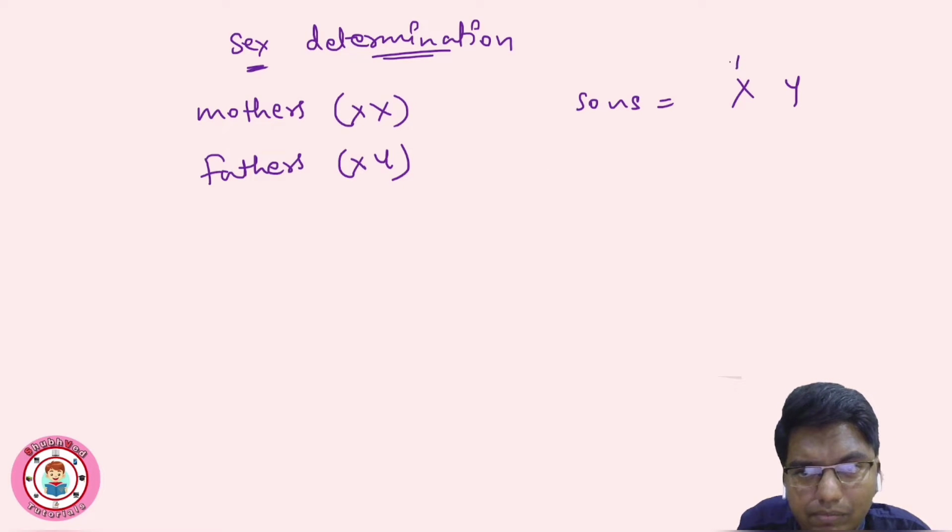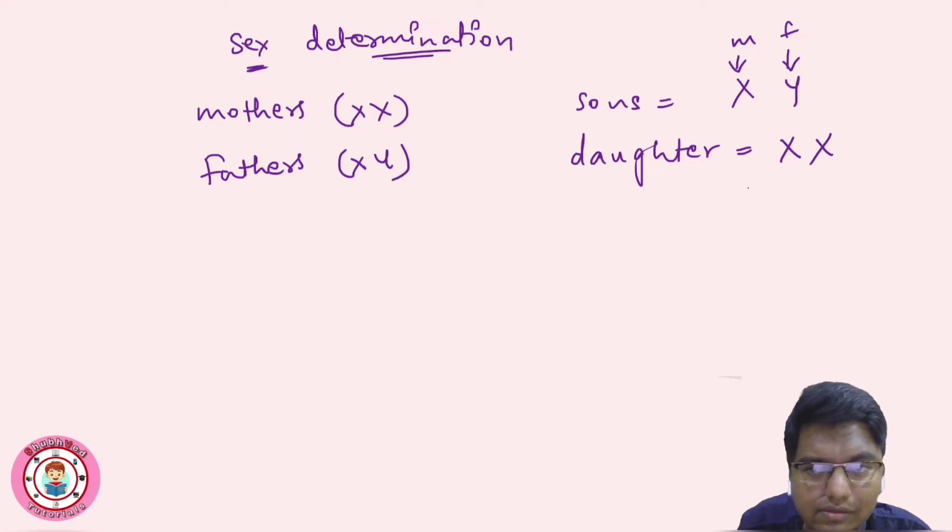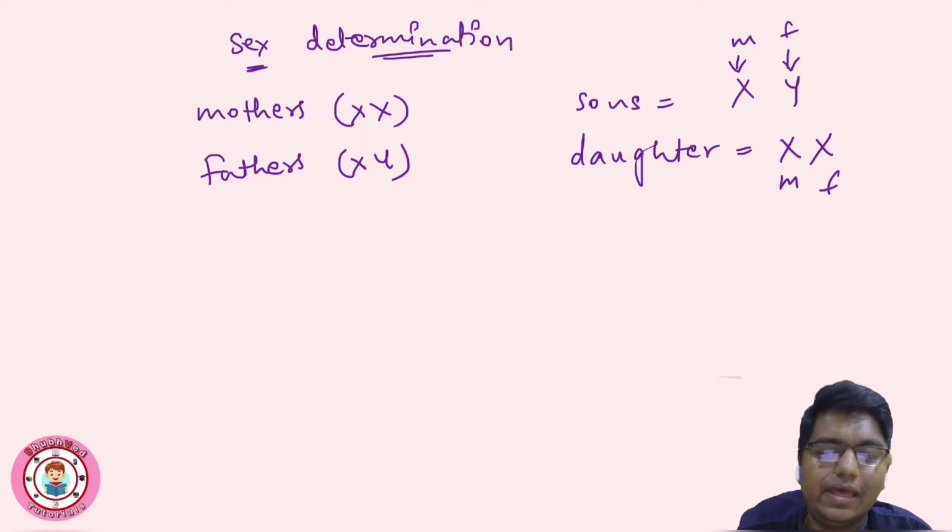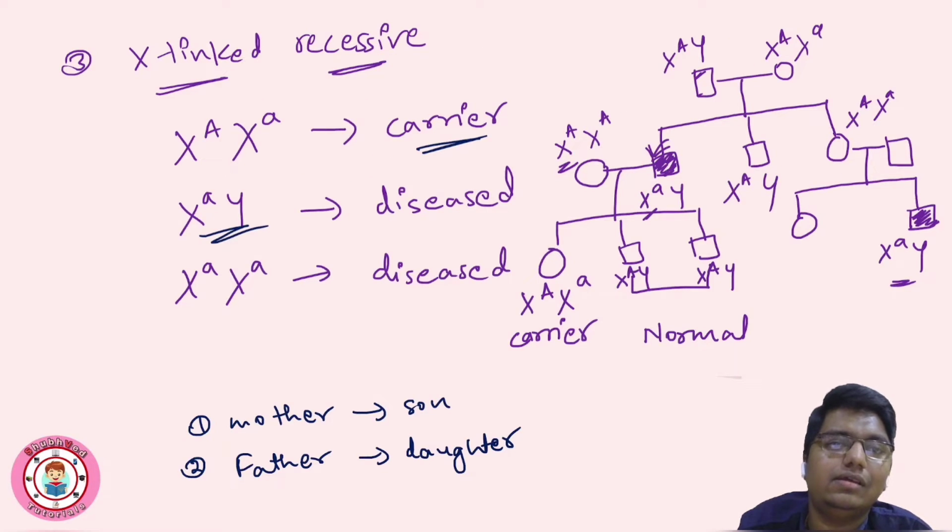This X is given by mother, this Y from father. Thus the sex determinant is male, a male child. And daughters get 2X, one X from mother and one from father. This we have to remember, and then correlate it with the recessive and dominant X-linked traits.